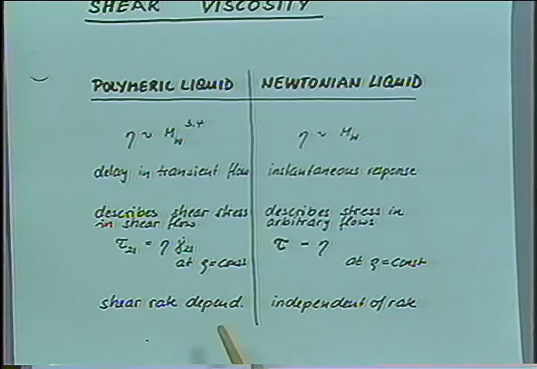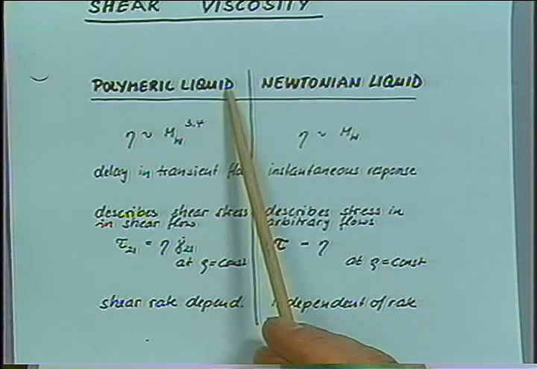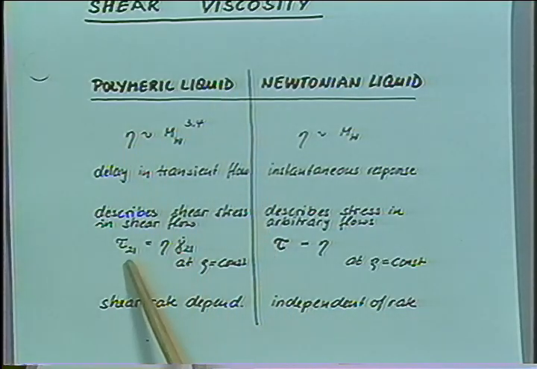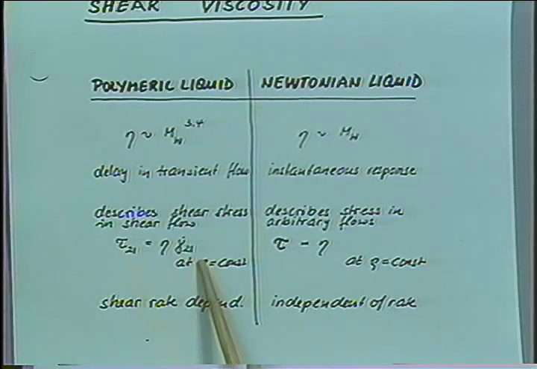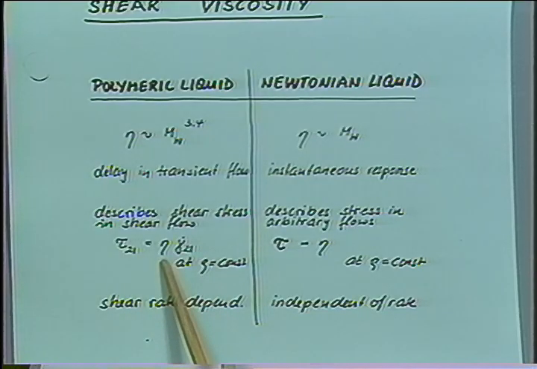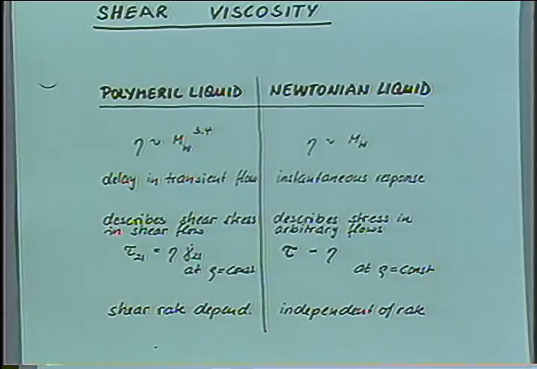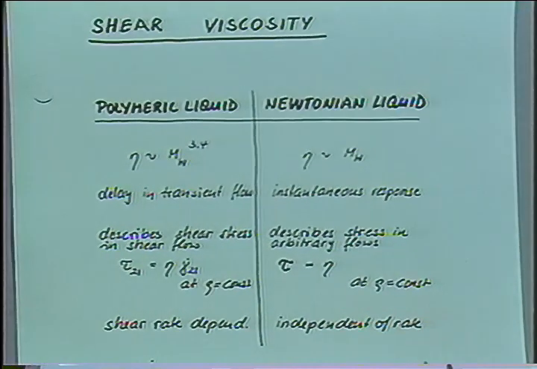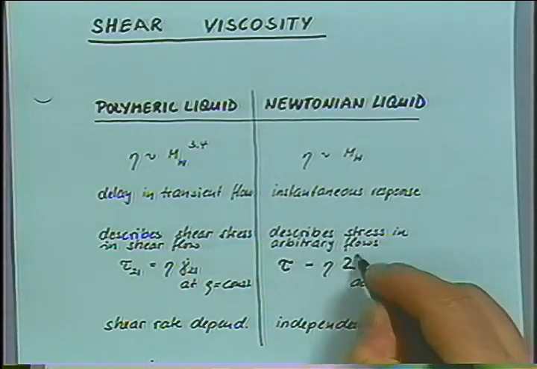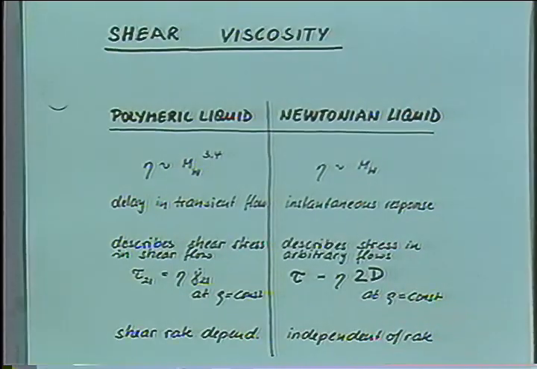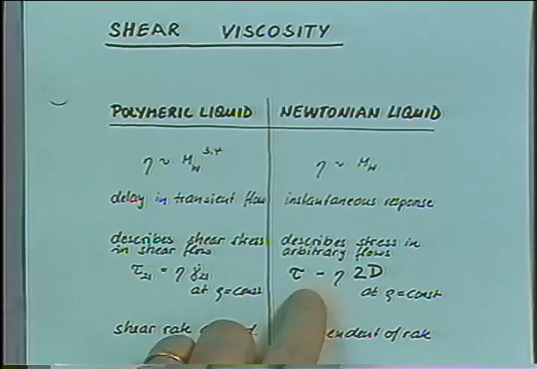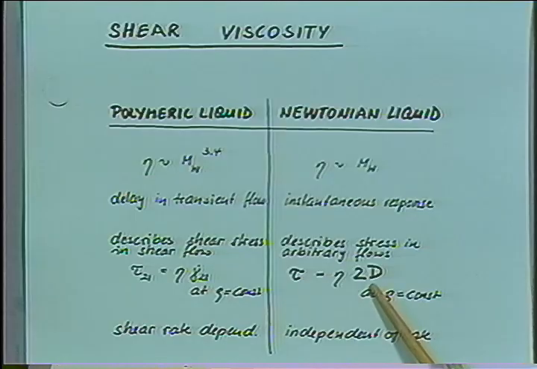Now, for the polymeric liquid, the viscosity describes the relation between shear stress and shear rate in steady shear flow. And only that relation is being described. While for Newtonian liquid, the viscosity describes the relation between the stress and the rate of deformation tensor. And this is a tensorial equation which you can use to describe shear flow, extensional flow, any flow.